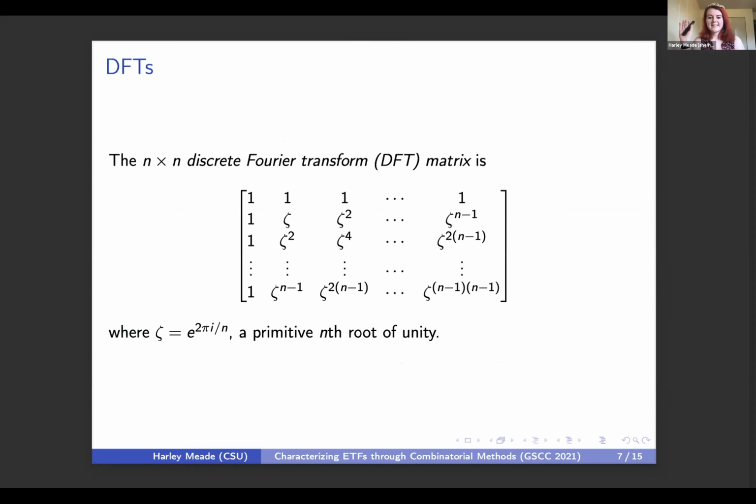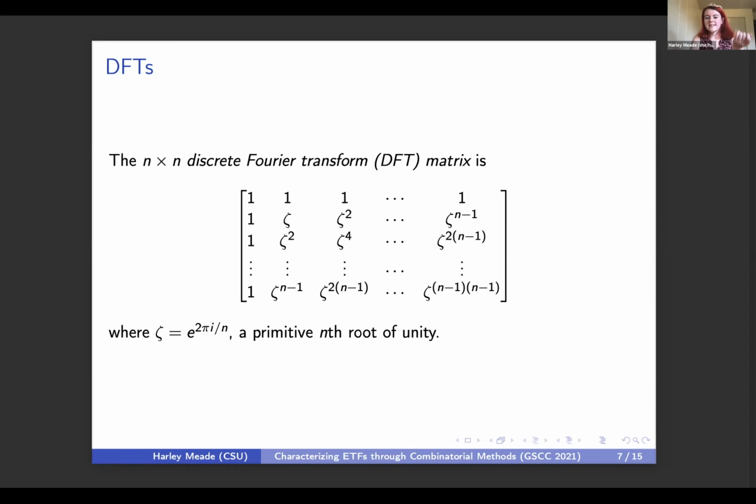So one last big definition before I start moving towards what I've been doing. The discrete Fourier transform matrix is an n by n matrix that is powers of zeta, where zeta is a primitive nth root of unity. And if we had multiple roots of unity, I'd probably label this zeta n. But also note that this is the character table of Zn, and that's just going to be a little bit easier notationally to deal with here in a second.